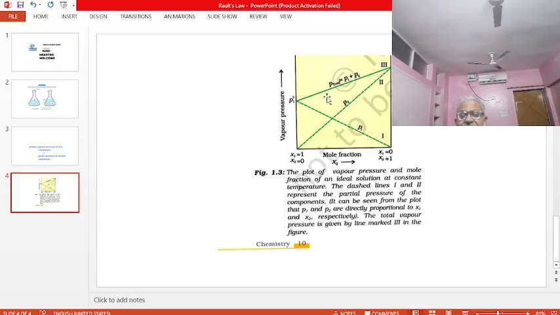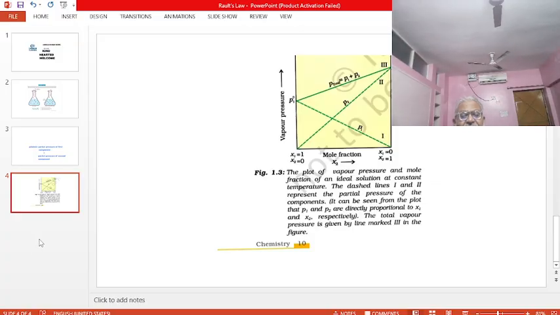And the second condition for an ideal solution is that delta V is 0. By mixing the two components, there must not be any change in the volume of the solution. The volume of the solution must be equal to the volume of the first component plus the volume of the second component. These are the two prerequisites for an ideal solution.